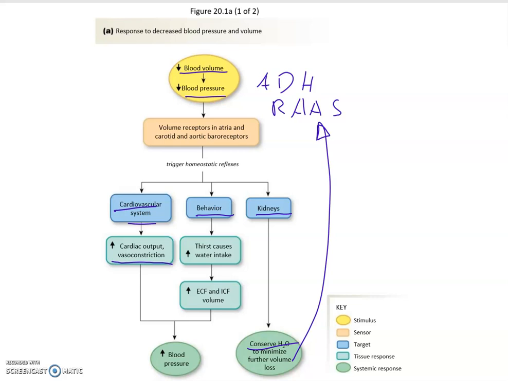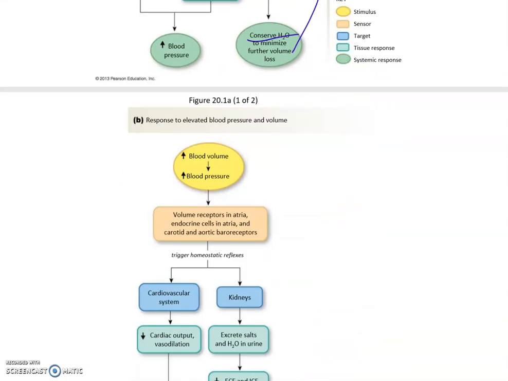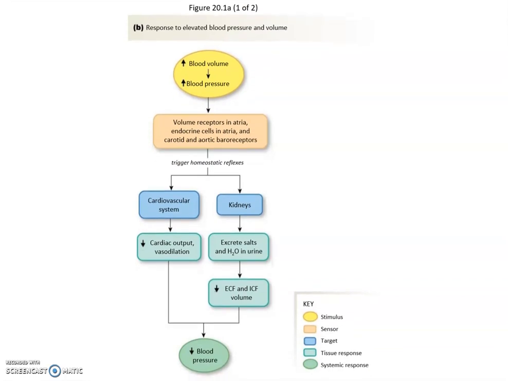Keep in mind that a loss in blood volume or loss in blood pressure is life-threatening, and so your body is very concerned about that. It has very powerful mechanisms to counteract it because a loss in pressure is life-threatening immediately, versus the response to elevated blood pressure and increased blood volume, that doesn't kill you right away.